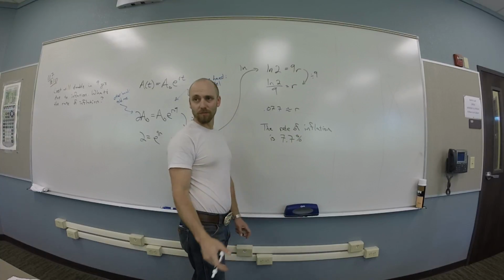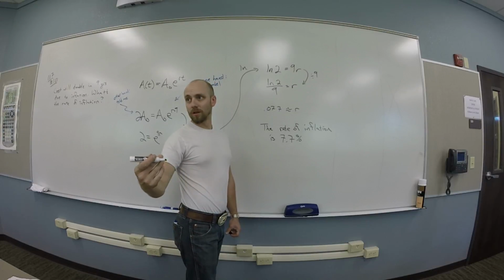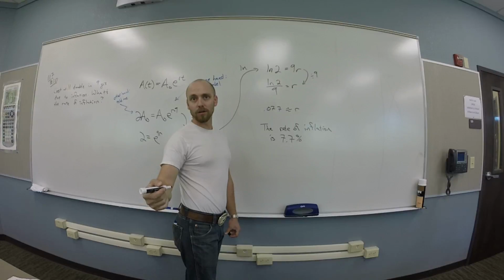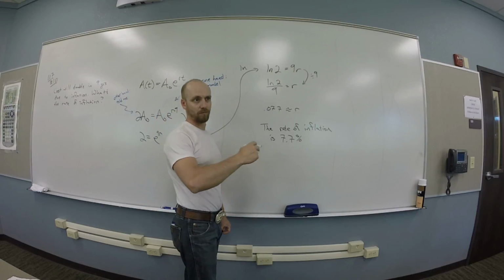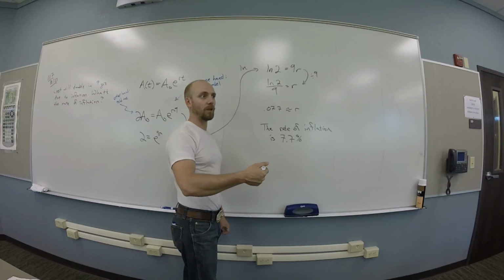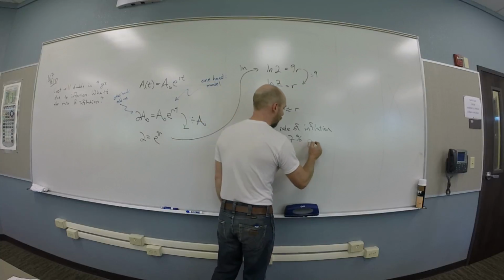When does 7.7% happen? After 9 years? It doubled after 9 years. When's 7.7? Continuously, every year. Yeah, it's continuously, and your book uses that as a byword for per year.